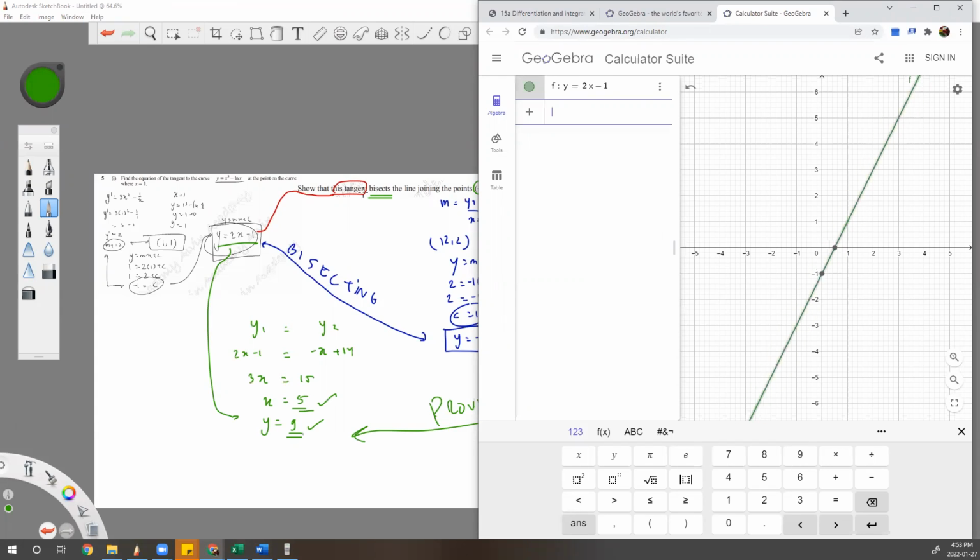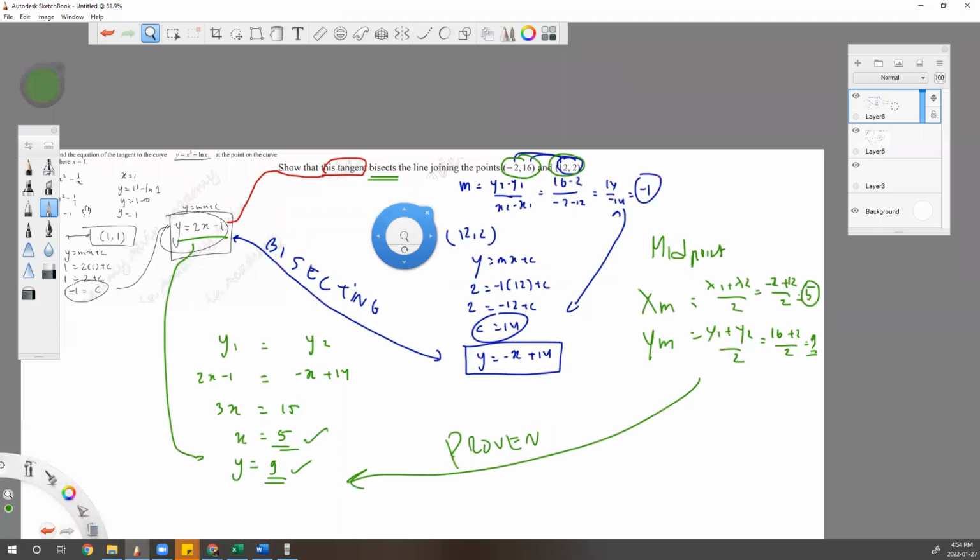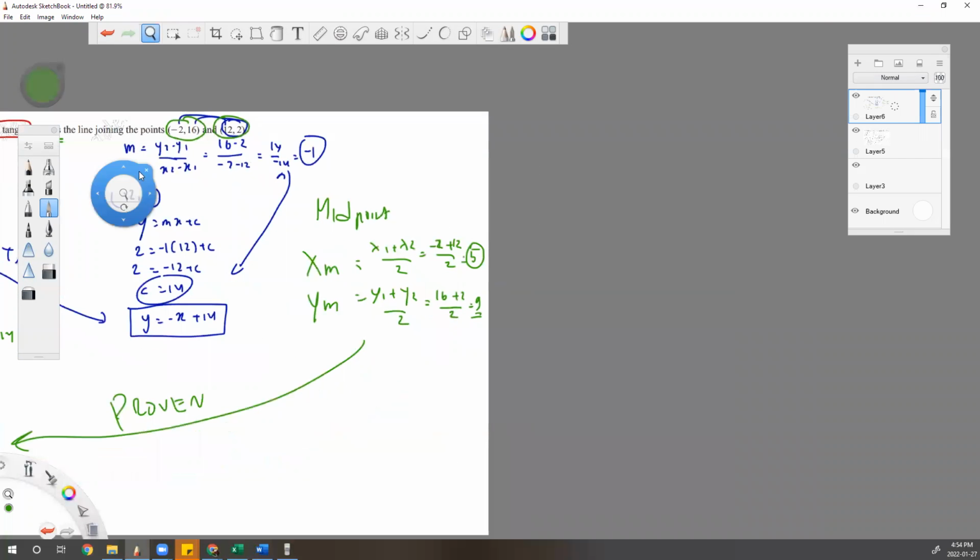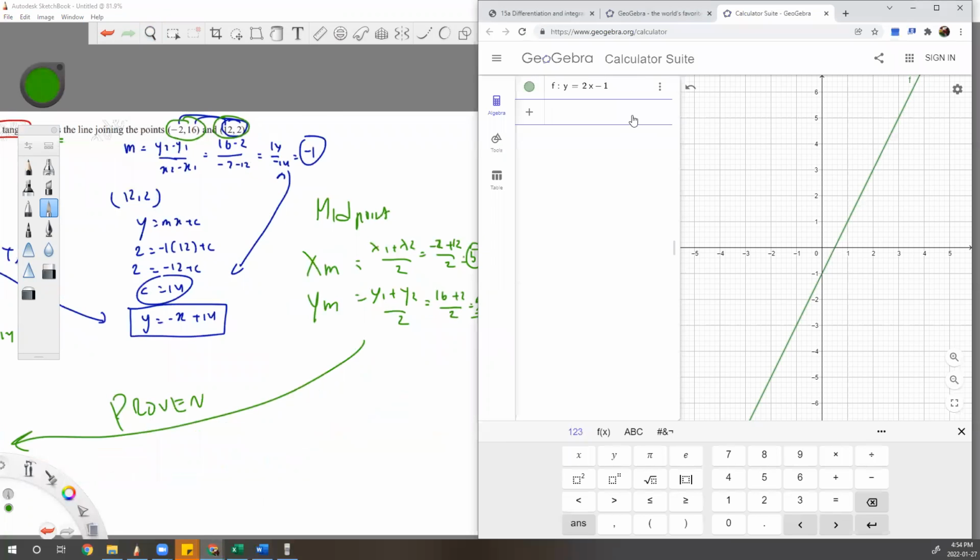And next will be the equation of the other line that we obtained just now. Okay, negative 2, 16, and then 12, 2.